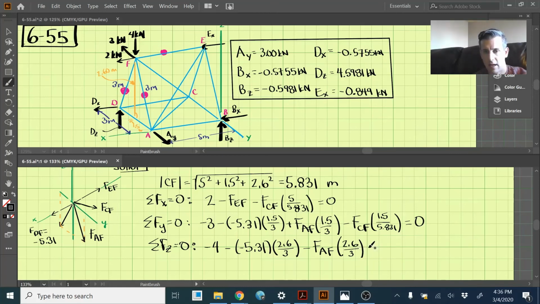And then lastly FCF moves downward in the z direction, negative 2.6, so it moves downward 2.6 over its total length of 5.831.